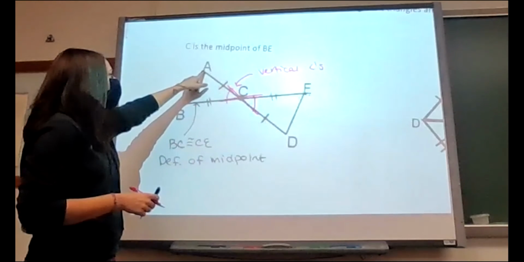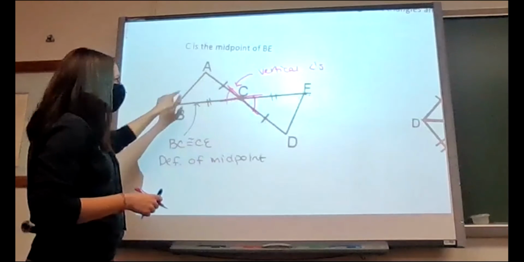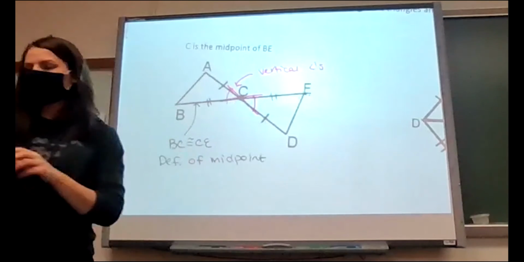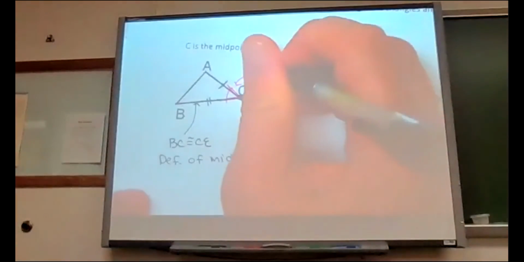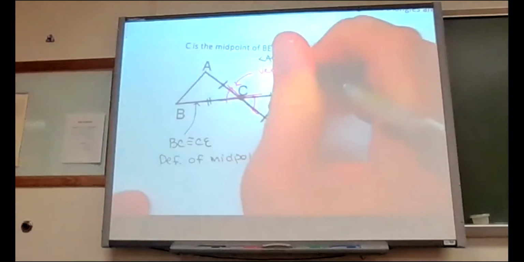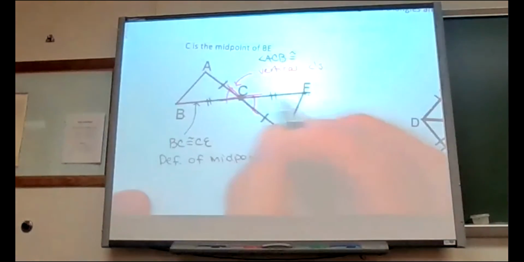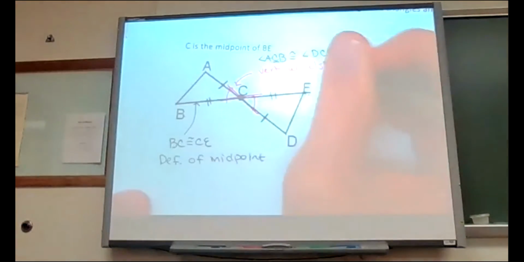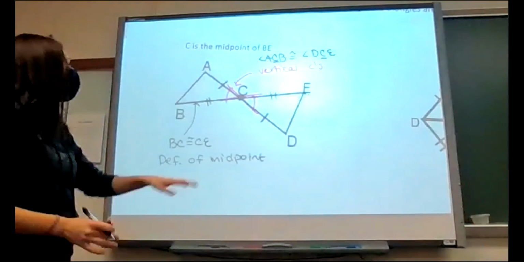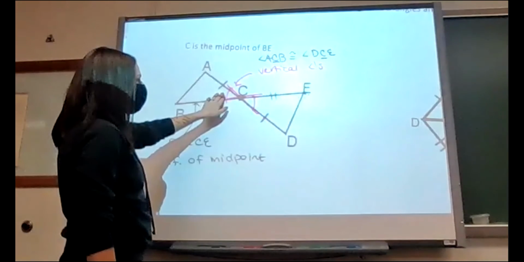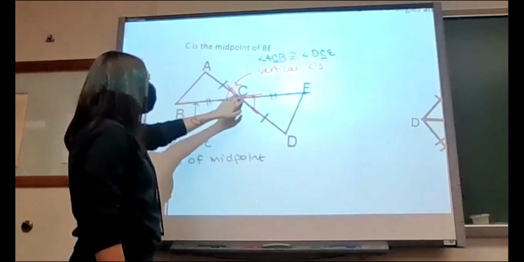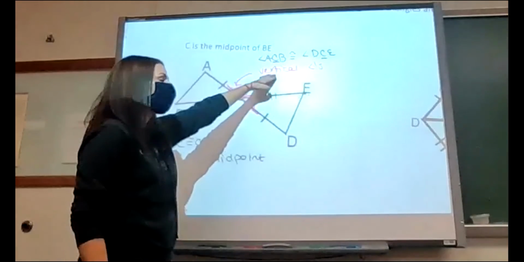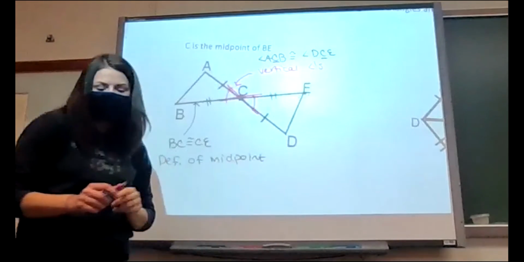So I want to instead say that angle ACB is congruent to DCE. It's still C compared to C, but it shows that one of them is on this side and the other is over here. But this angle C is congruent to that angle C by vertical angles. Vertical angles are always congruent.